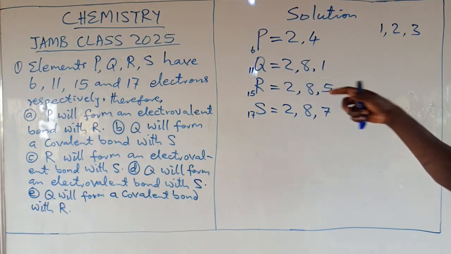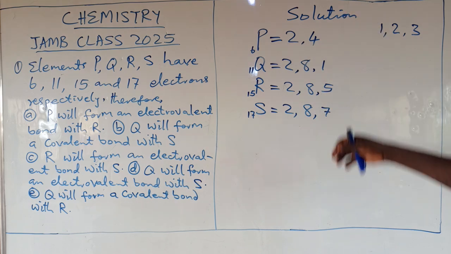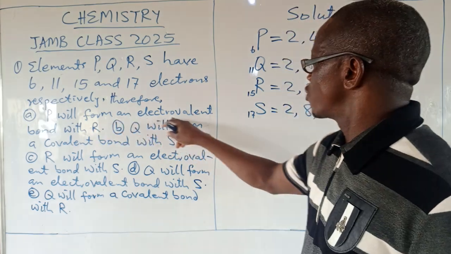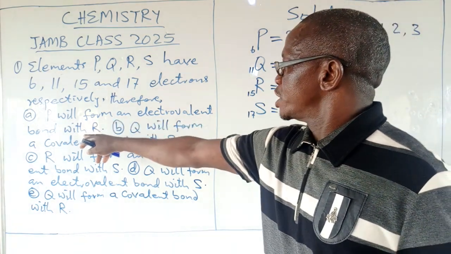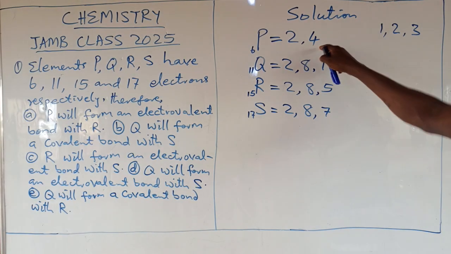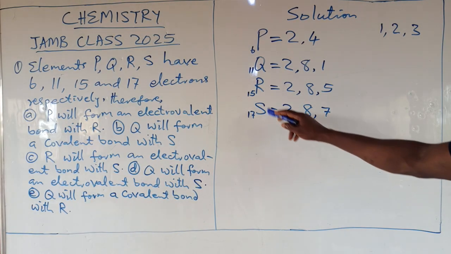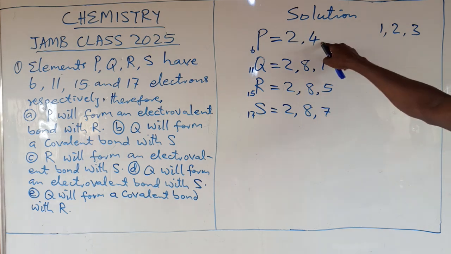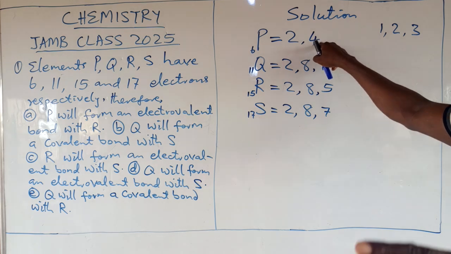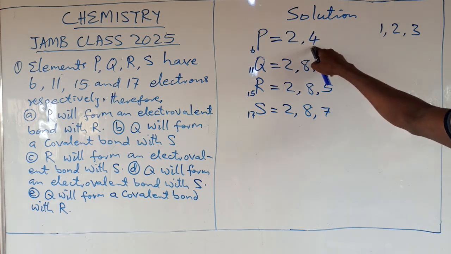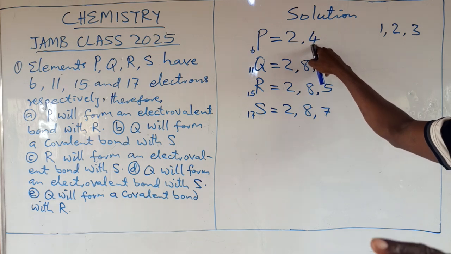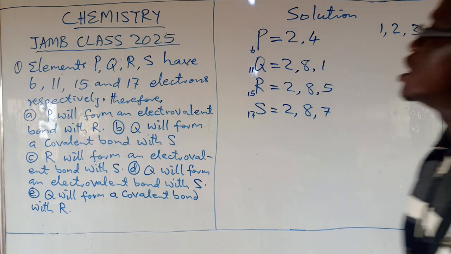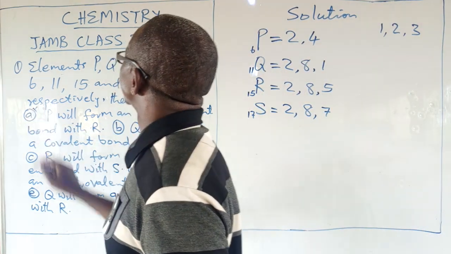Now with this idea, let's start with option A: P will form an electrovalent bond with R. P has 4 and R has 5. It will not undergo electrovalent bonding because the one with 4 will undergo covalent bonding. So A is not correct.